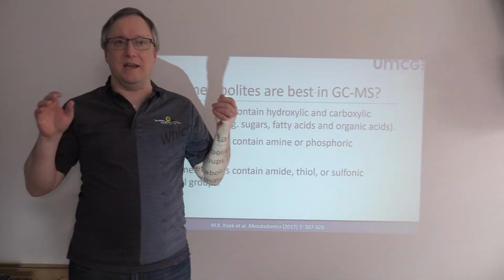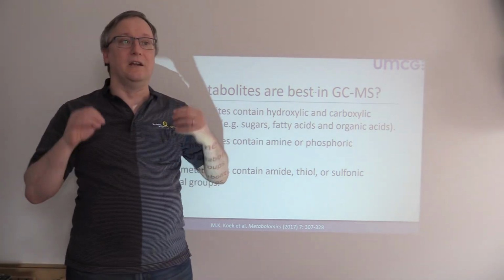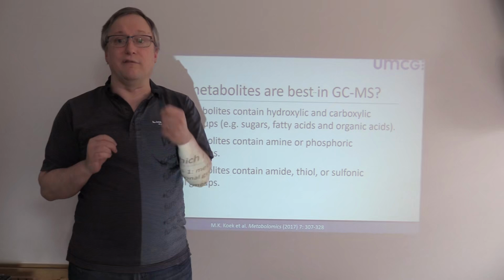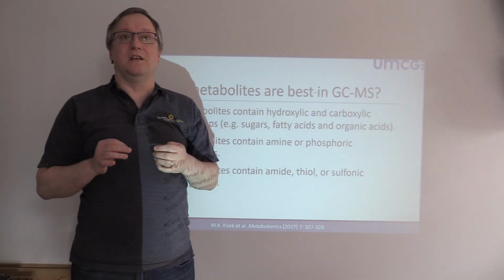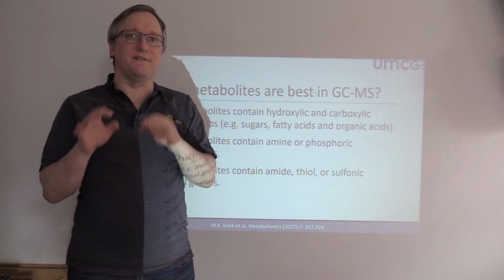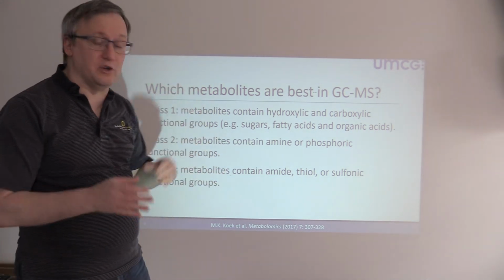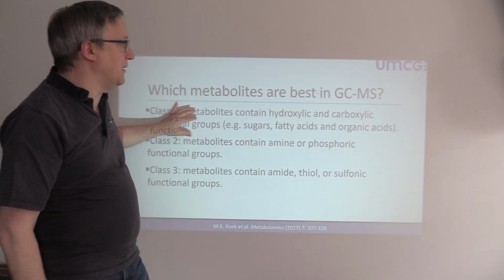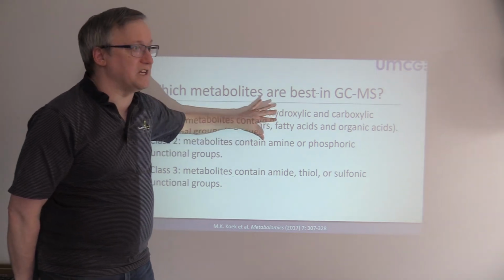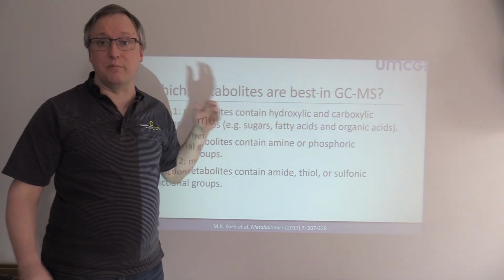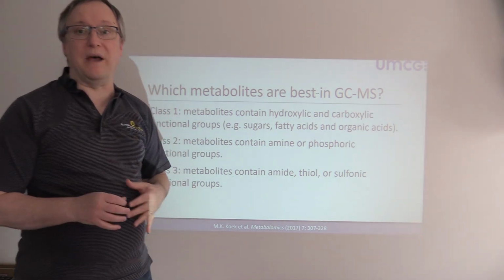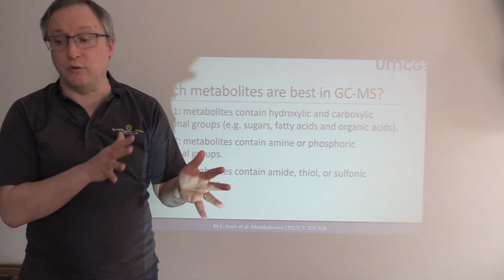It's kind of happy talk to say, whatever your metabolite, of course we can ionize it. The reality is that we have differential success in producing ions that are suitable for GCMS, and the types of bonds that they contain are a pretty good indicator for us about what's going to fly and what isn't.